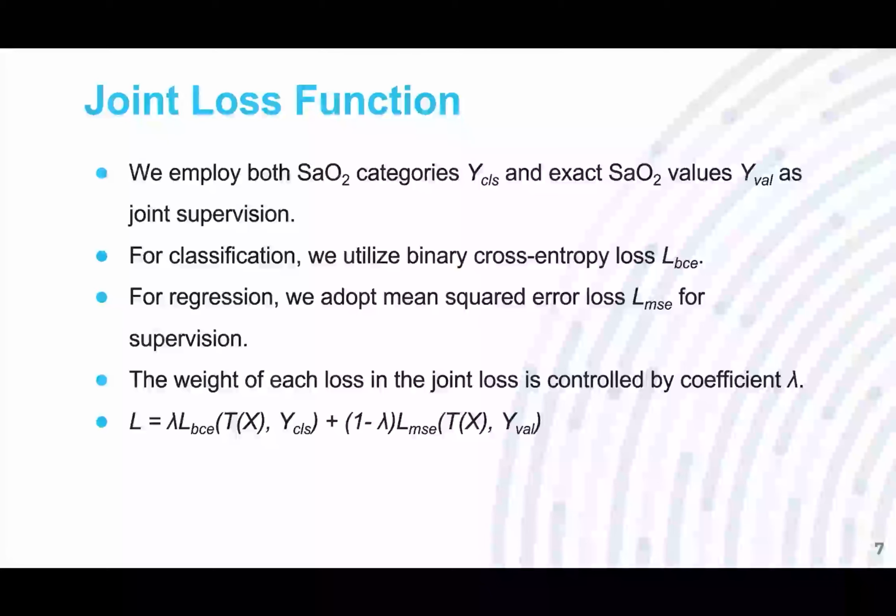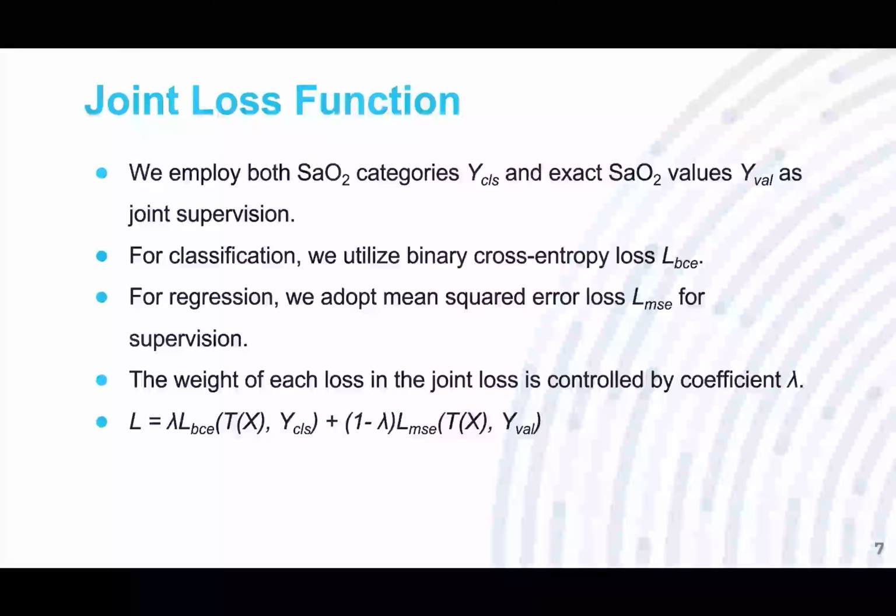Unlike the vanilla vision transformers, which use image categories as supervision, we employ both oxygen saturation categories and exact oxygen saturation values as joint supervision. For classification, we utilize binary cross-entropy loss, which outperforms ordinary cross-entropy loss when combined with vision transformer.